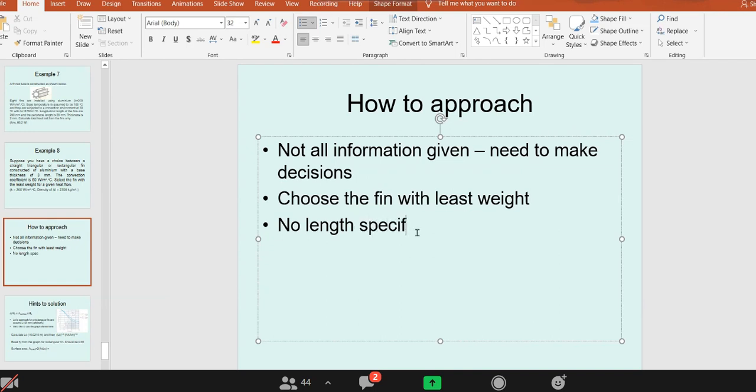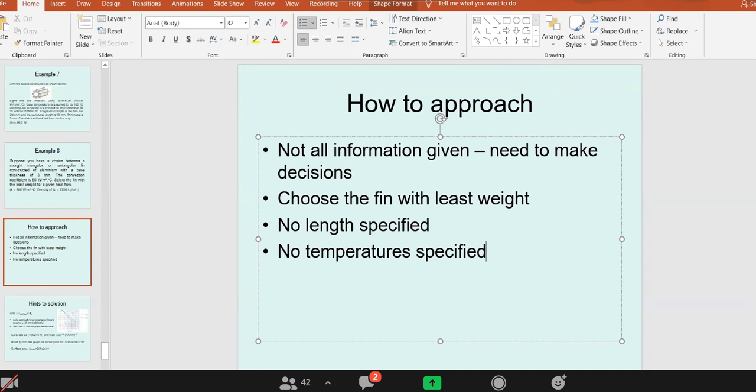Length not specified. No temperatures specified. However, one of the approaches would be to start with the rectangular. You can take unit length, but you can be a bit arbitrary, take any value and do the calculation for the rectangular, and that's how I did it.